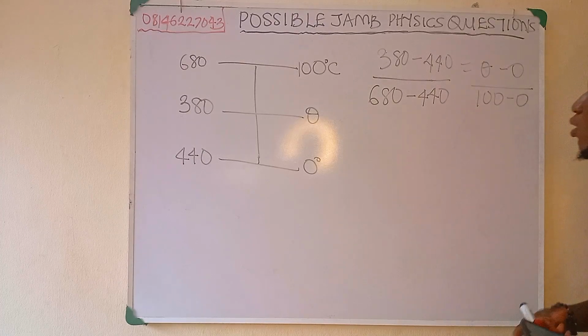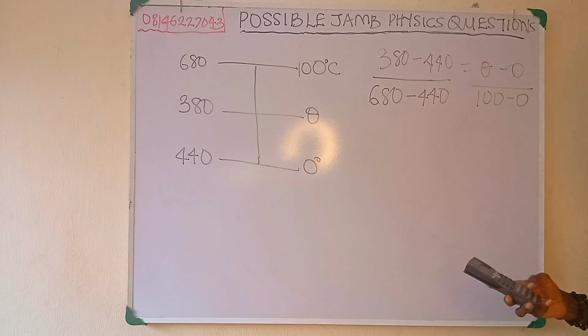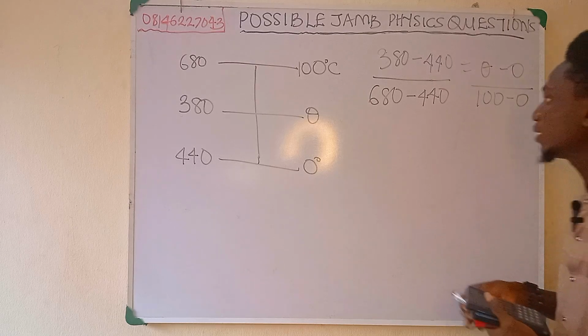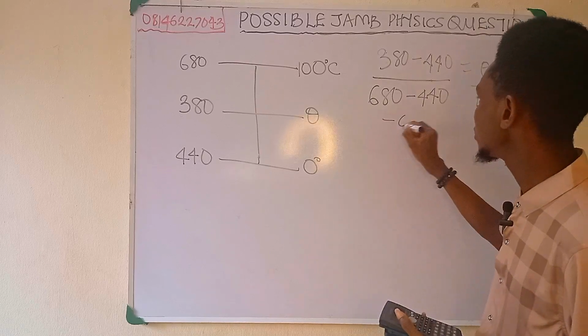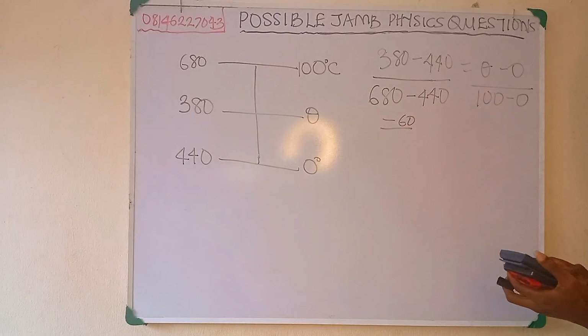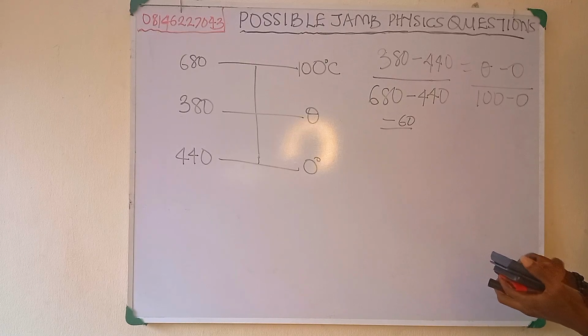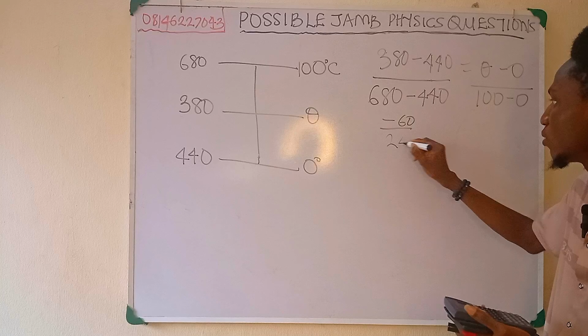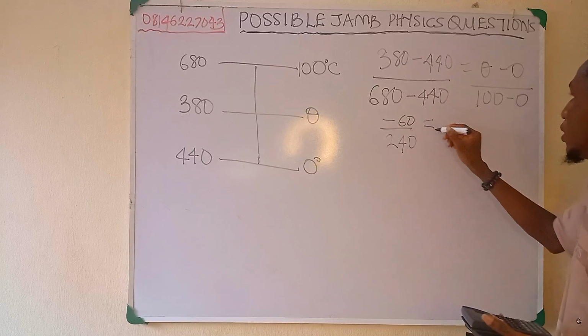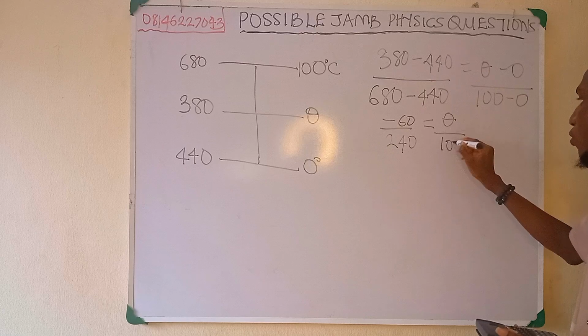So quickly punch on your calculator. 380 minus 440 should give you a negative figure, minus 60. Then minus 60 divided by 680 minus 440, which is 240. Then theta minus 0 gives you theta, and 100 minus 0 gives you 100.